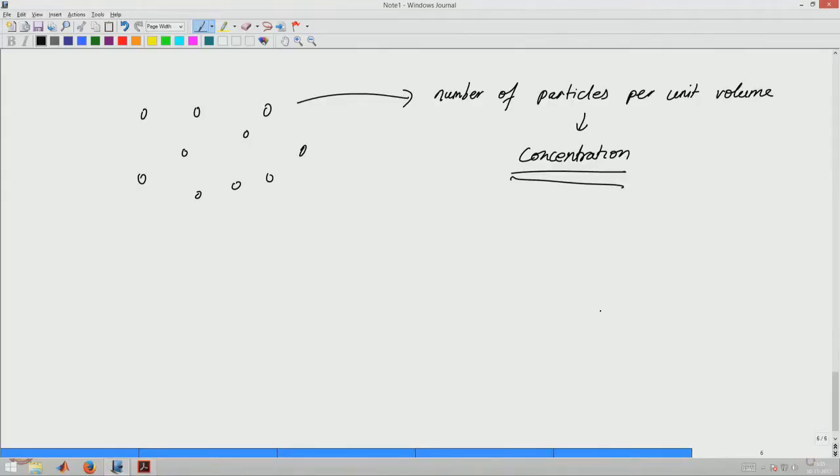Based on that, we can in fact derive the relationship between the diffusivity and the friction coefficient at equilibrium. So, the diffusivity is related to the friction coefficient, and this is called the Stokes-Einstein relation.